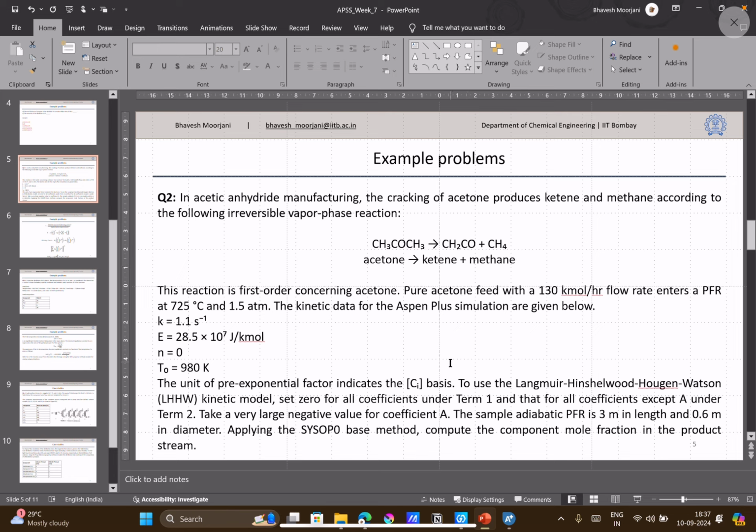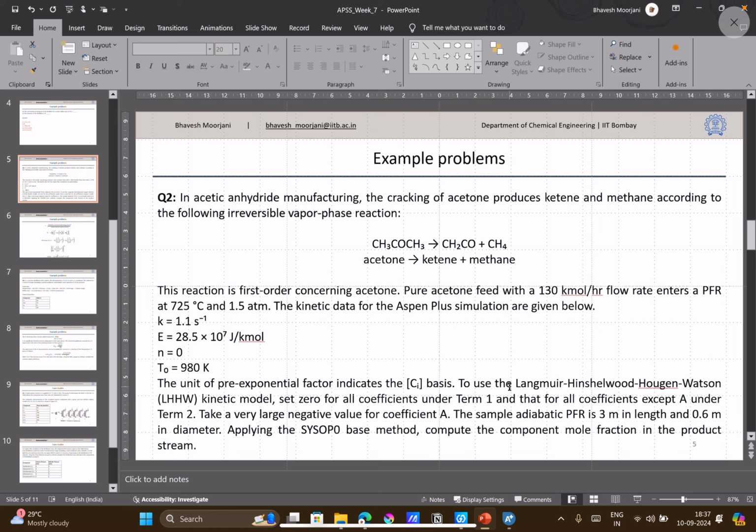Here what has been said, the unit of the pre-exponential factor indicates the CI basis, which is the molar concentration basis of the rate constant, that is fine. The Langmuir-Hinshelwood-Hougen-Watson, LHHW, kinetic model has been used. So what is this?